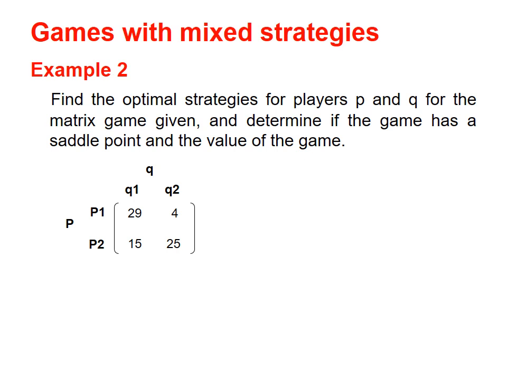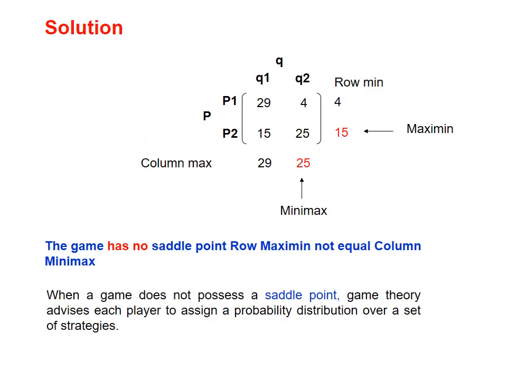Games with mixed strategies. Example 2. Find the optimal strategies for players B and Q for the matrix game given, and determine if the game has a saddle point and the value of the game. The solution.